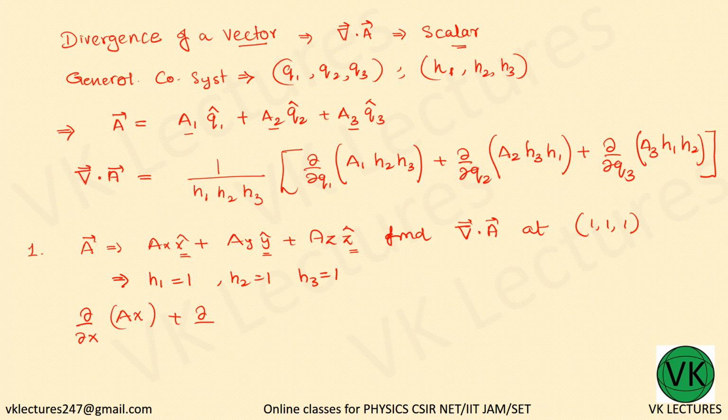plus, because h2 and h3 are all equal to 1, dou by dou y of a2, that is ay, plus dou by dou z of az. Now here we do not have any terms corresponding to differentiate.